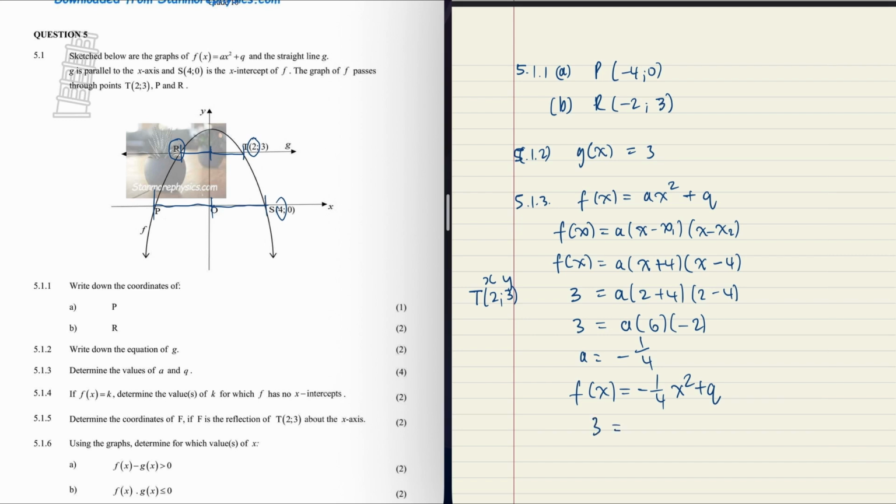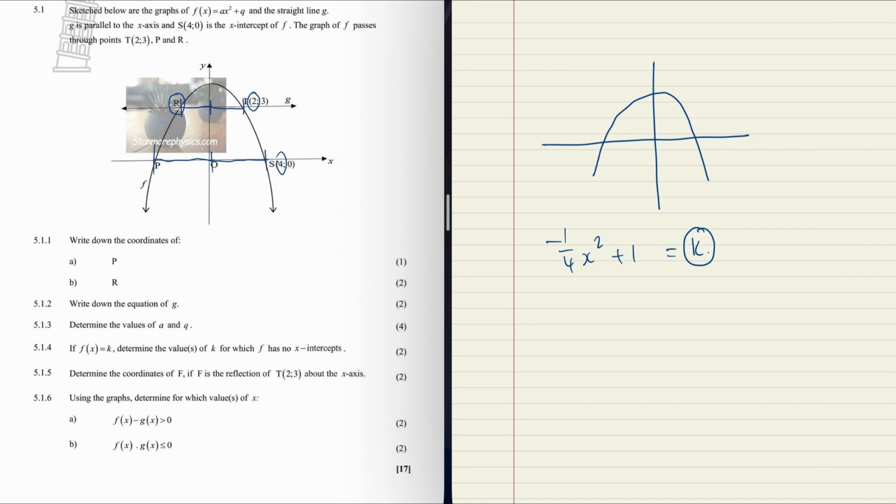So 3 = -1/4(2)² + q. So 2 squared is 4, and -1/4 times 4 is -1, plus q. That means q is equal to 4. So the equation is finally going to be y = -1/4 x² + 4. Although they didn't ask us to solve for the equation, they just asked us to solve for a and q, so that's enough.